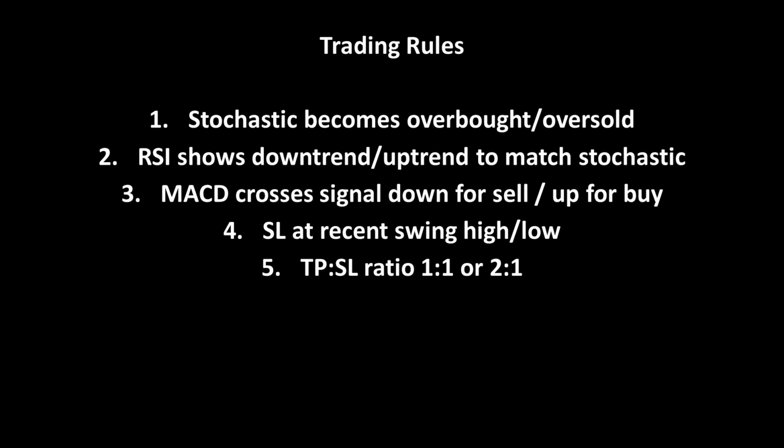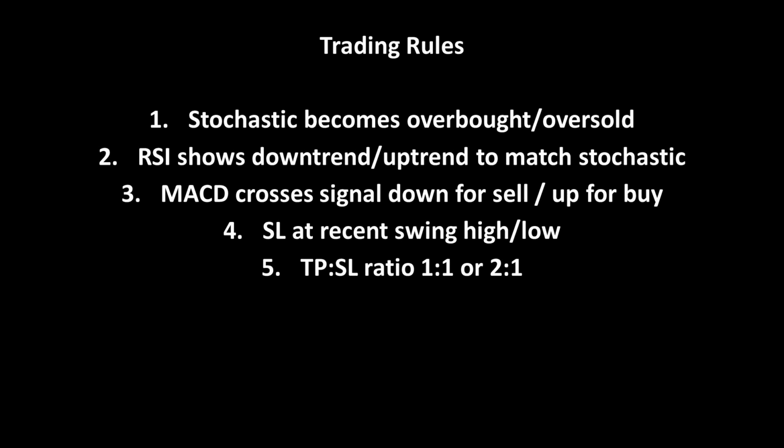Now we must always watch that at the point where the MACD crosses, the other two cannot have changed direction. So if we begin with an overbought stochastic, and then before the MACD crosses below, we get an oversold stochastic, then that's a false signal. So these three must happen in that sequence. They can happen at the same time, but they must all have been true before we take the trade.